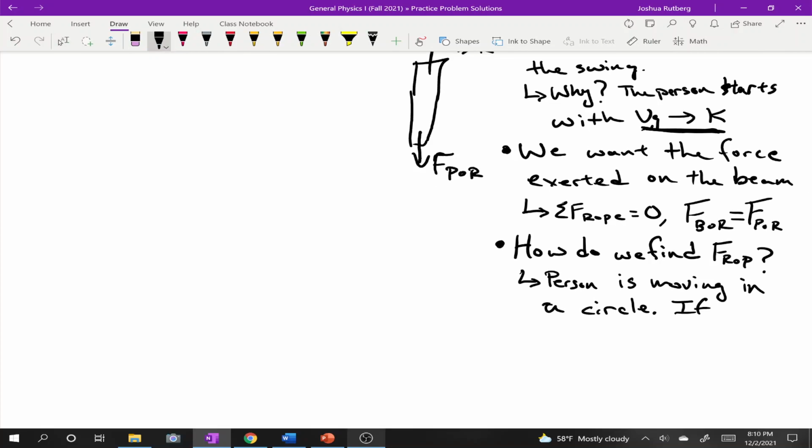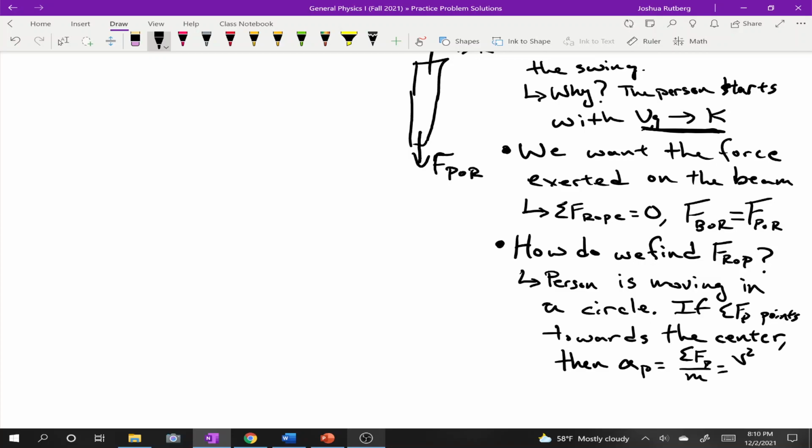So if the sum of the forces on the person points towards the center of the circle, then the acceleration of the person is going to be the sum of the forces on the person divided by the mass. That's Newton's second law. It's going to be v squared over r, because circular motion. So, is this true?